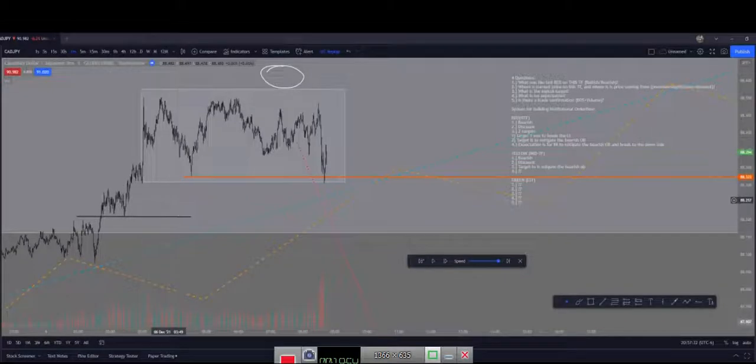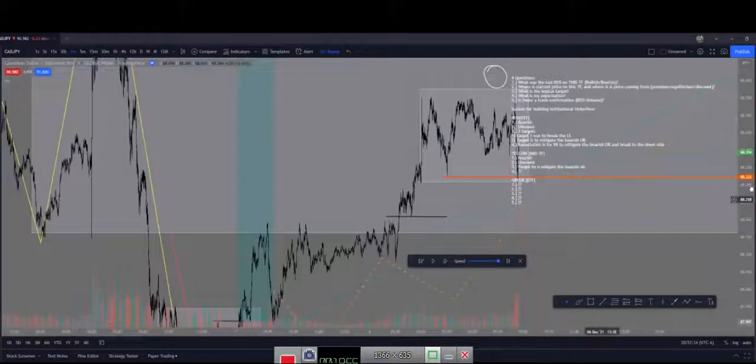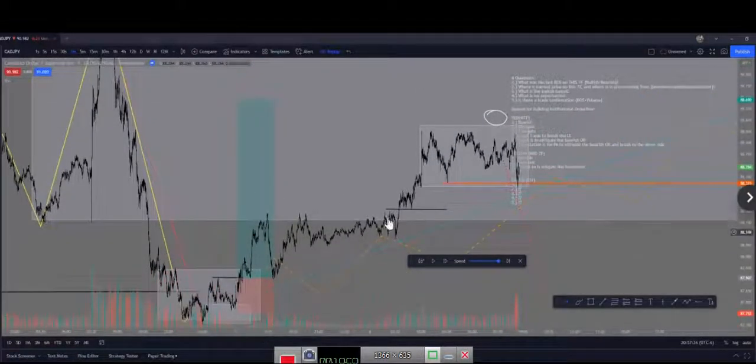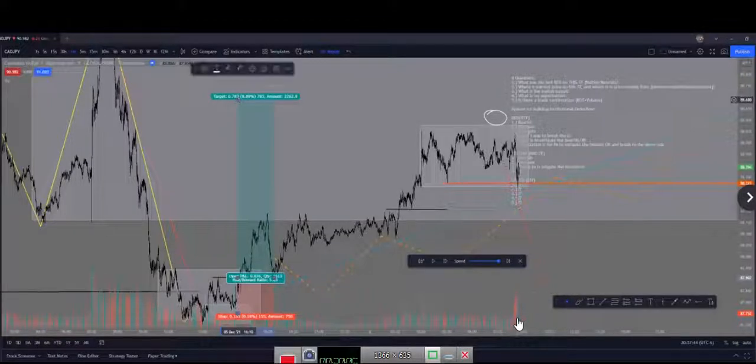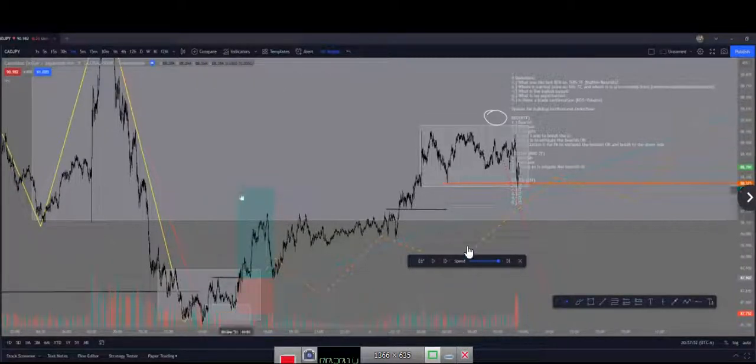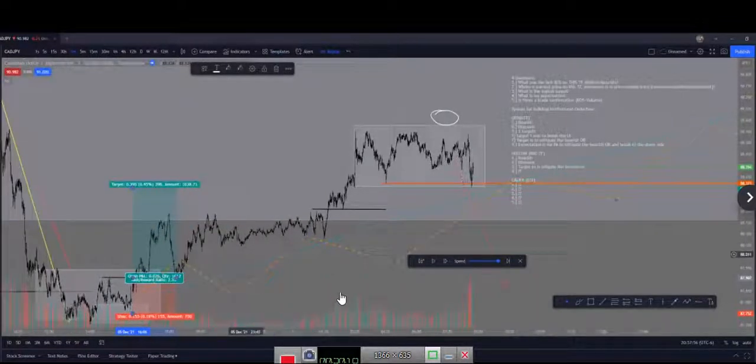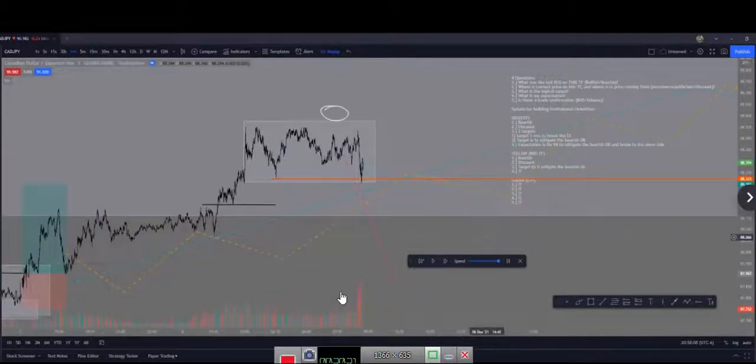Okay, so I'm out of this trade. You see the volume? No, I'm taking myself out. So you see how high volume is? We got 2.55 RR on that trade.